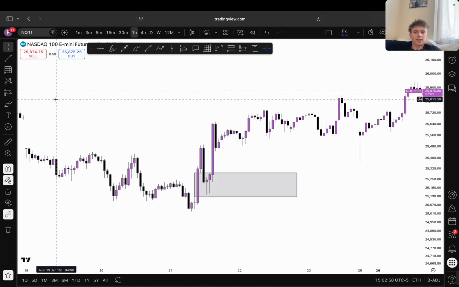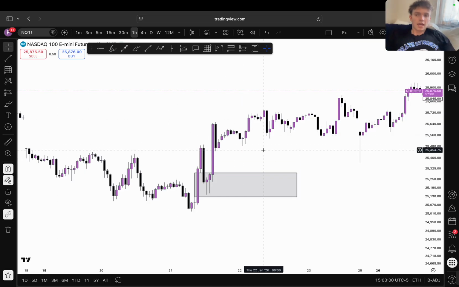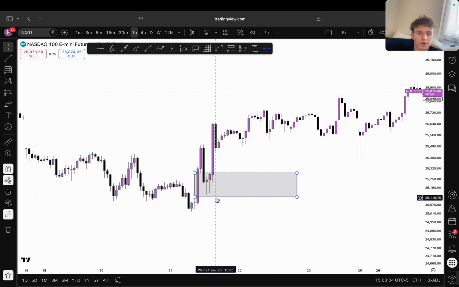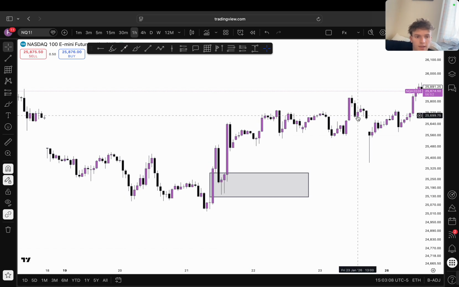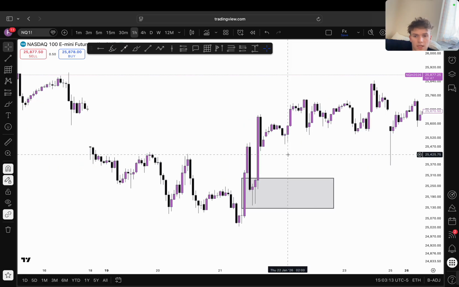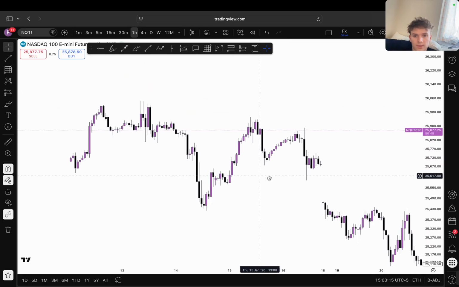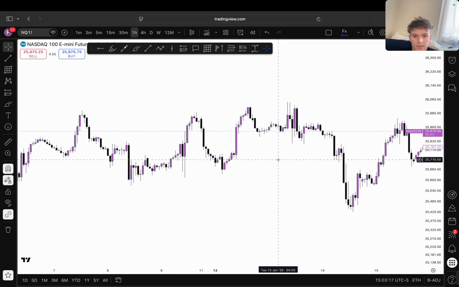For a fair value gap to be inversed and therefore not valid, the candle body has to close below it. Let me see if I can find an example of one that comes below but doesn't get disrespected.